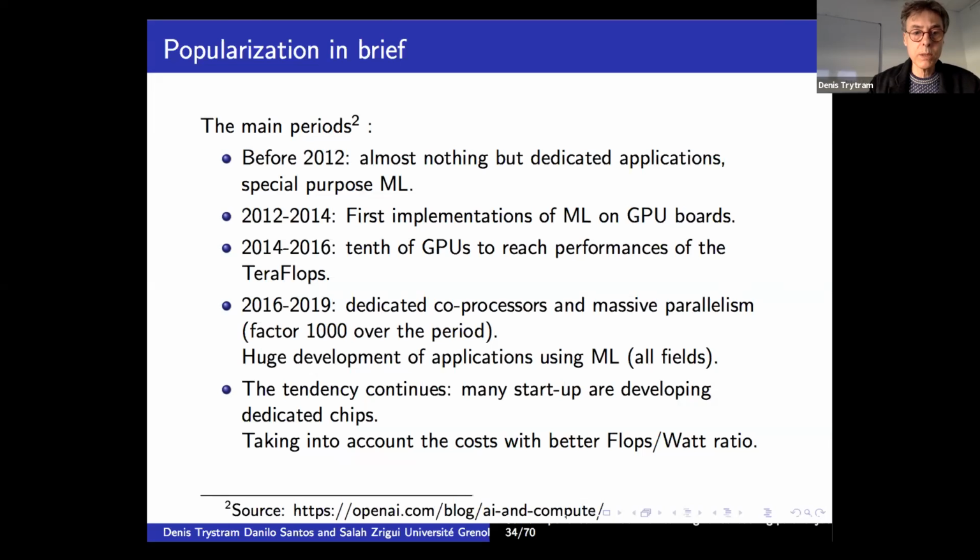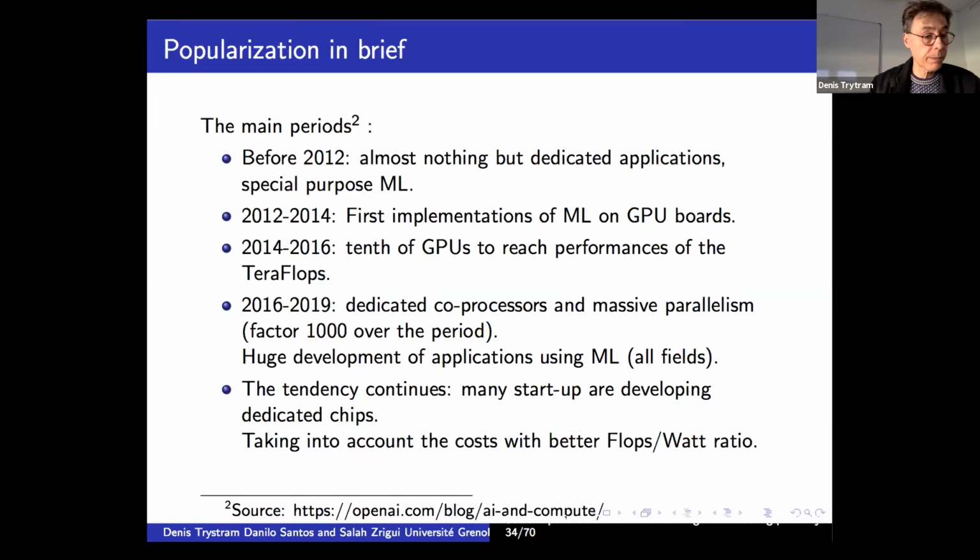we always have the same tendency with tens, a lot of GPUs that are connected together to reach big performances. And we reached a big performance in 2016. And then we even have now, for a few years, dedicated coprocessors with massive parallelism.